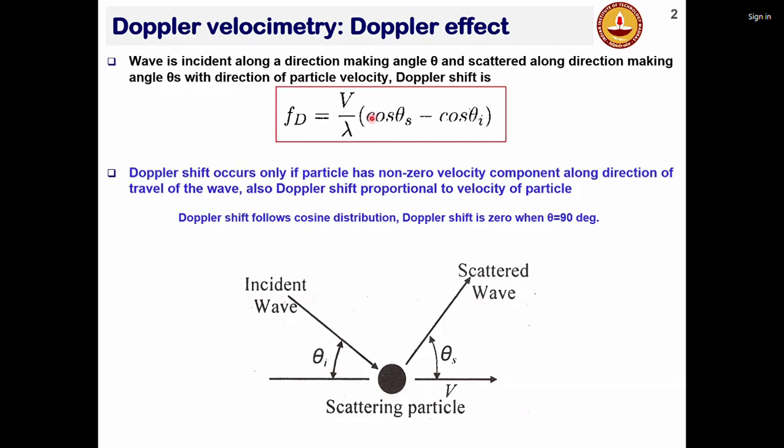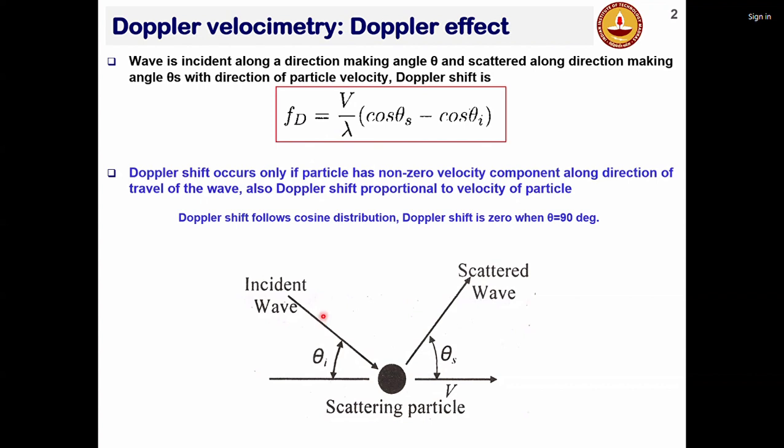So from here, you can see that Doppler shift occurs only if the particle has non-zero velocity. If v is 0, there is no Doppler shift between the incoming and outgoing frequencies. And the other thing to learn here is the Doppler shift is proportional to the velocity of the fluid.